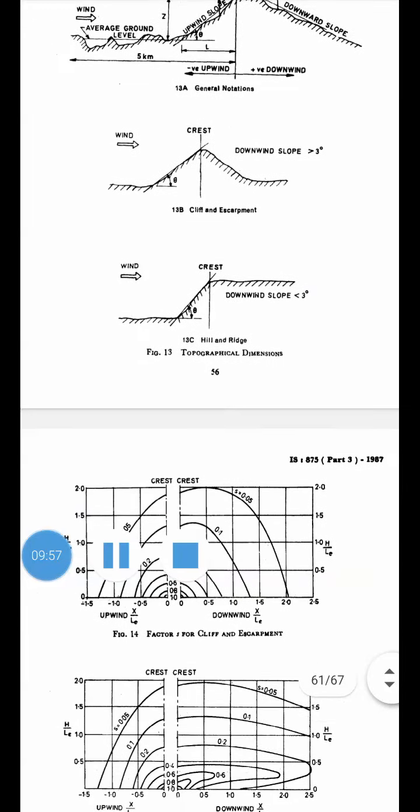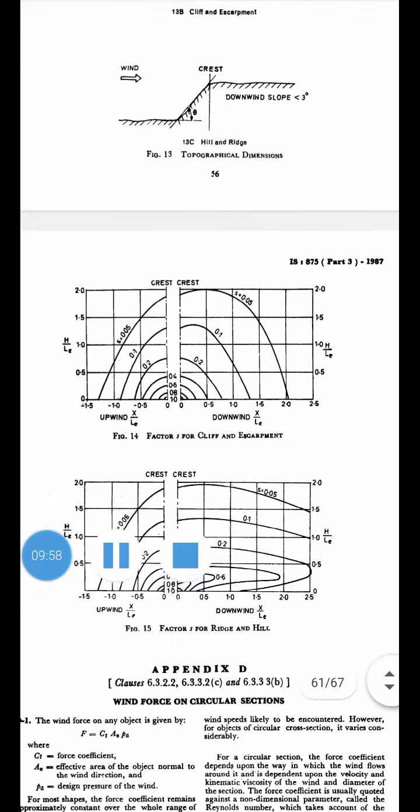For that you have to find two terms from Figure 15, that is x by Lc and h by Lc. Two terms have to be calculated. Here x is nothing but the distance from the crest. Since theta is greater than 17 degrees, Lc equals Z by 0.3.